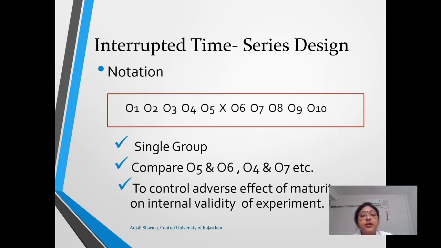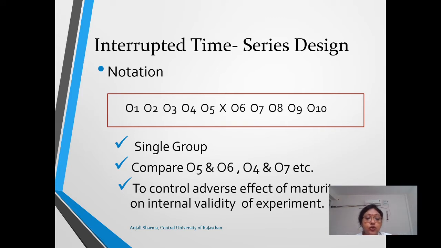You can see the notation given here: O1, O2, O3, O4, O5, then X as the intervention or treatment, and O6, O7, O8, O9, and O10. These are our testings, the measurements we are going to follow.